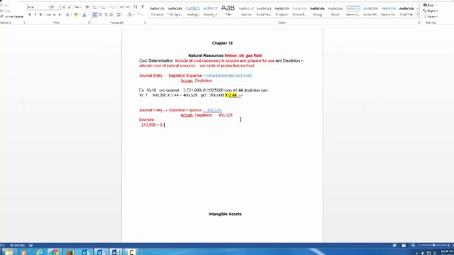And remember, they said we expect to get 1,525,000 tons of ore out of there. So we come up with a depreciation rate per unit for this asset to be 0.14.